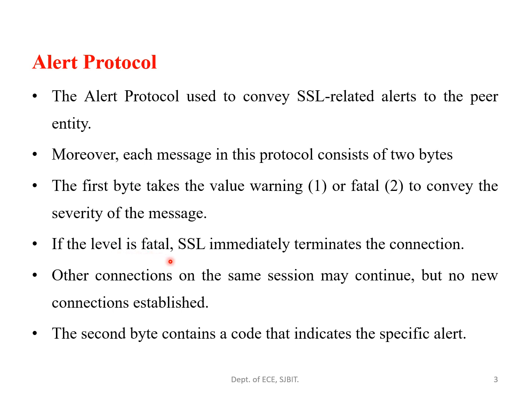If the level is fatal, the secure socket layer immediately terminates the connection. Means if anything fatal occurs in that particular connection, it is going to terminate the connection immediately.